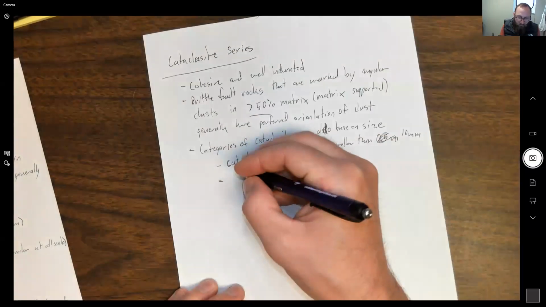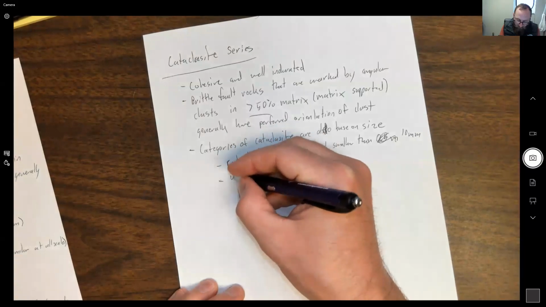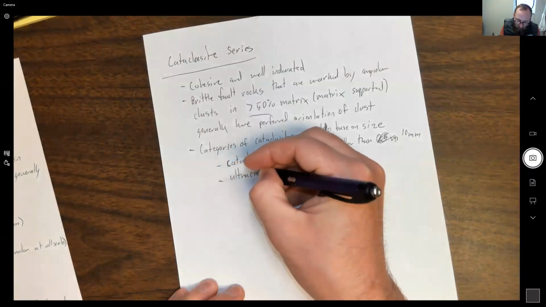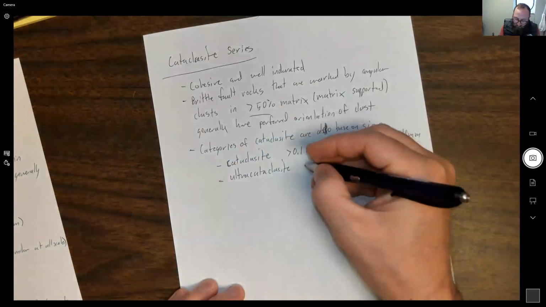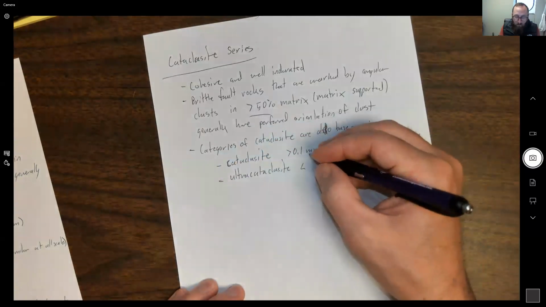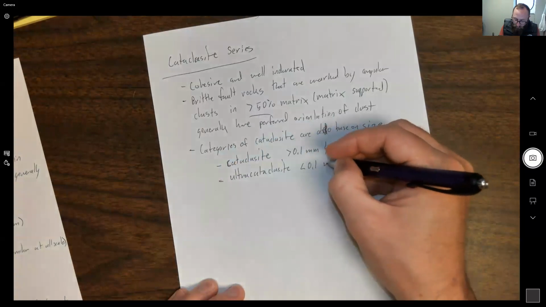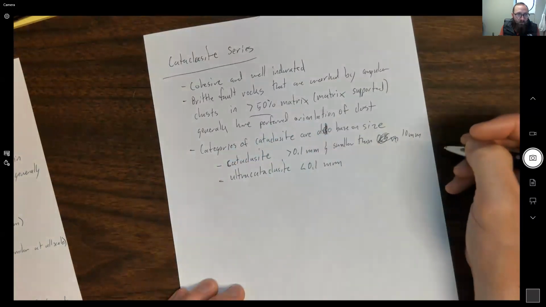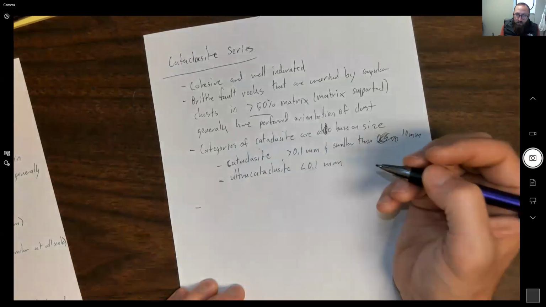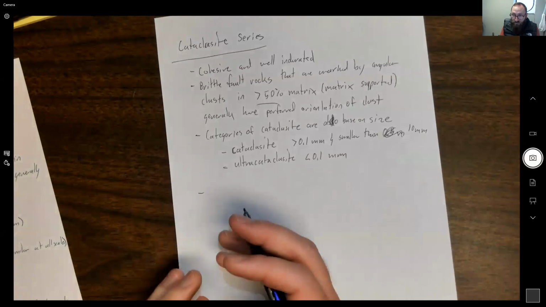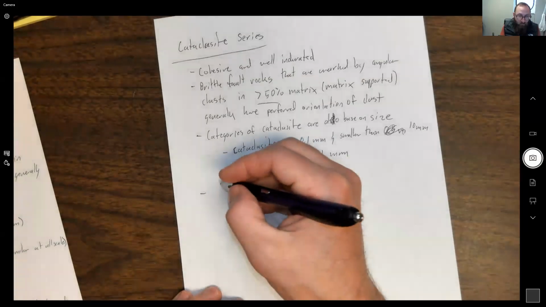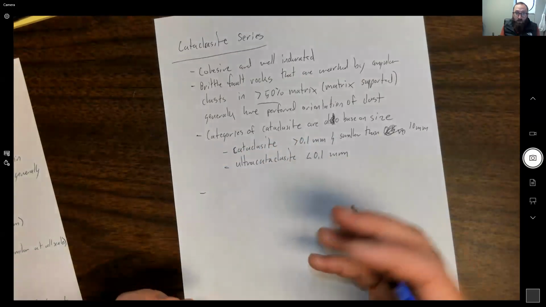And ultracataclasites are smaller. Their clast sizes are anything smaller than 0.1 millimeter.